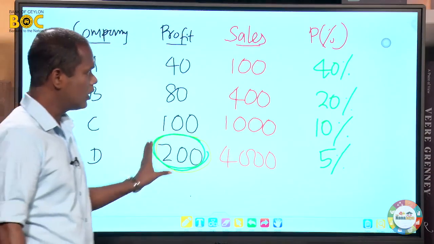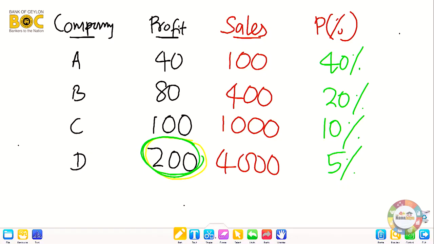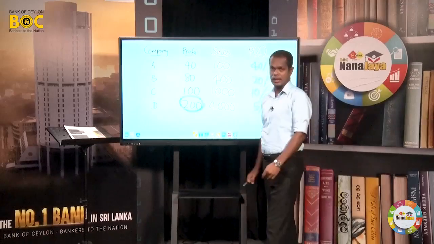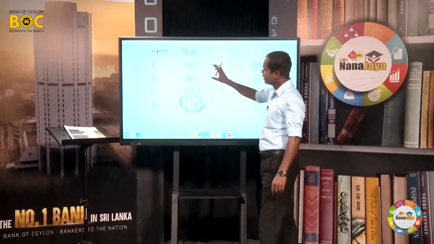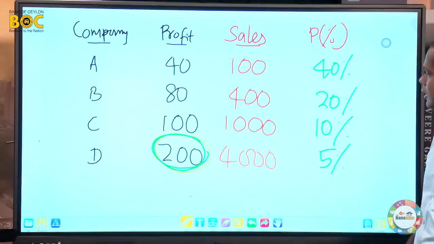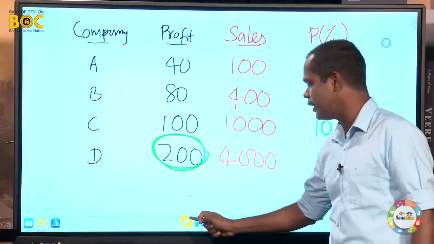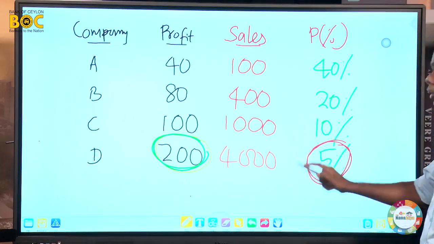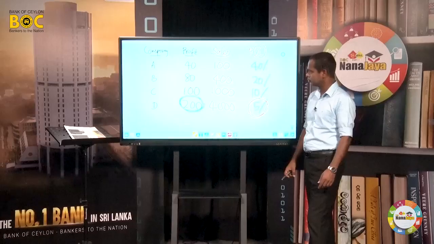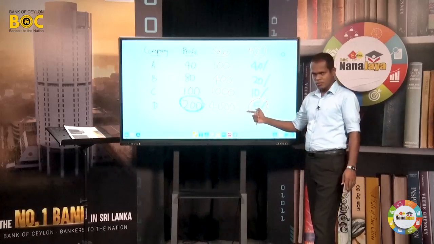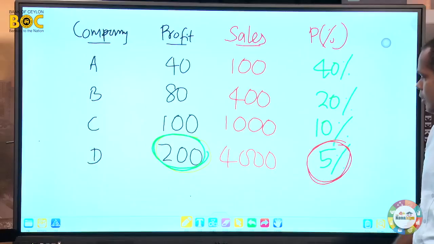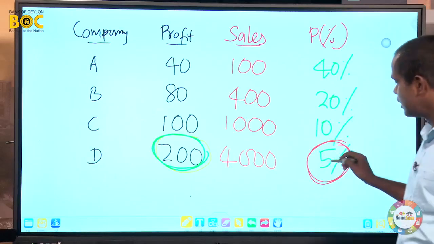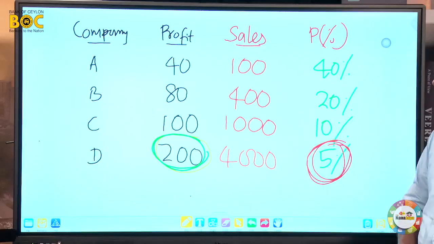But if you compare this profit with its sales, company D is the company which has the lowest profit percentage.